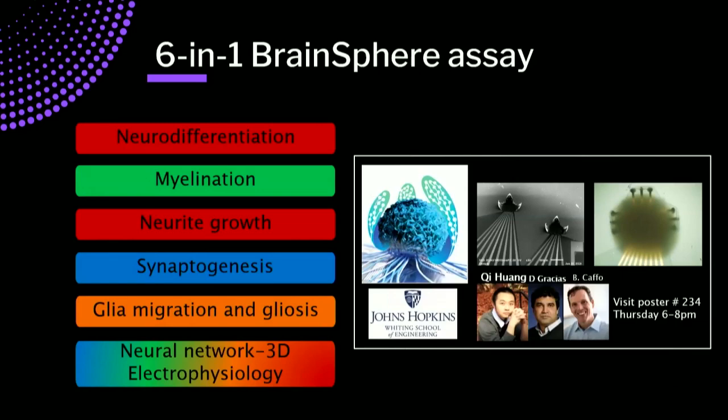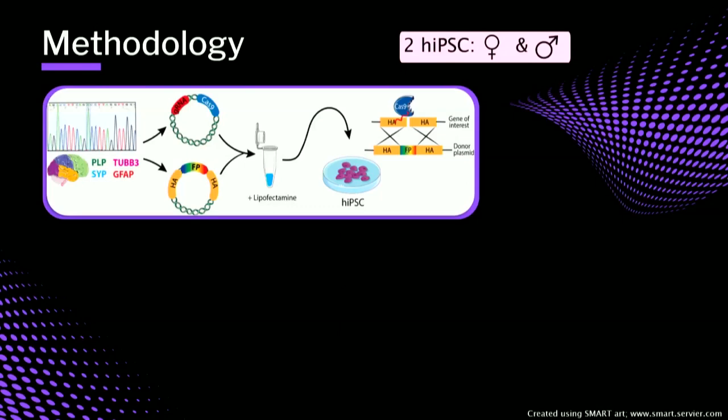Okay, so very briefly, we use CRISPR-Cas9 technology to insert these tags of interest. We design the plasmids and deliver them using lipofectamine. Then we provide a template for the cells to be able to repair the double-strand break caused by Cas9 and incorporate the fluorescent tag in the process.